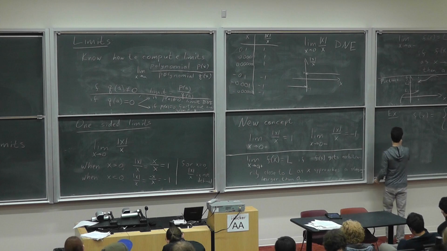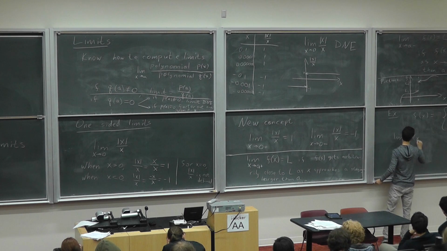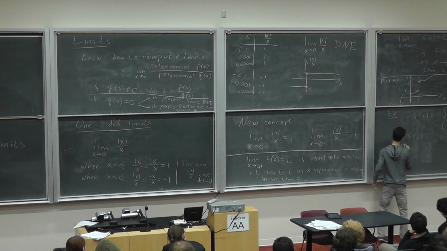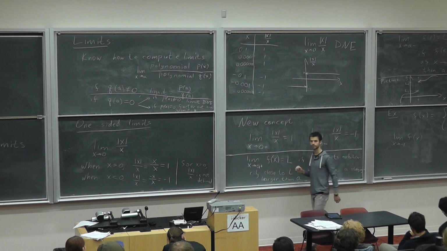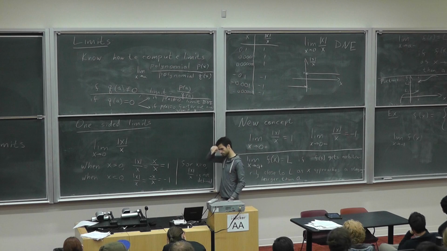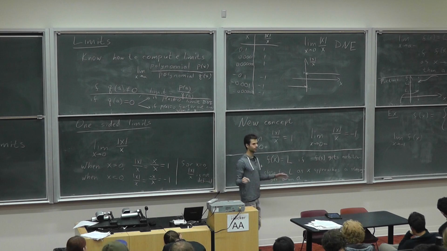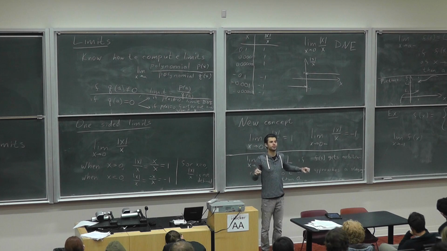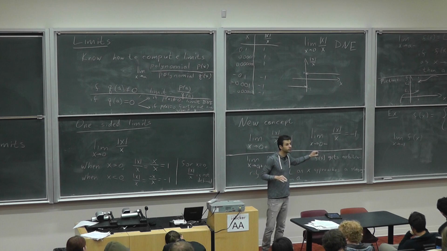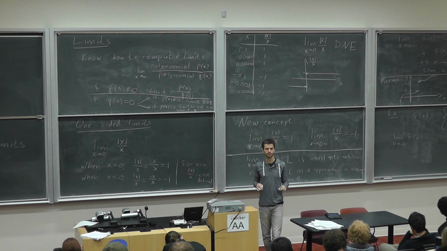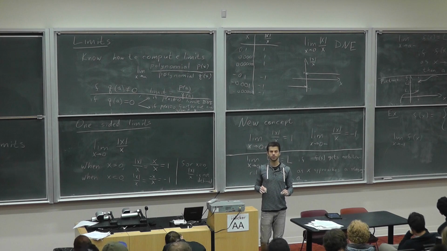And the question is, what is the limit of f of x as x approaches minus 1? The question is not even about one-sided limits, it's just about the limit. What happens to the function when x approaches minus 1?